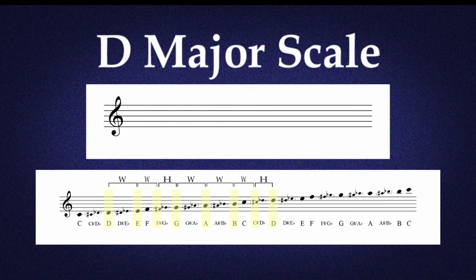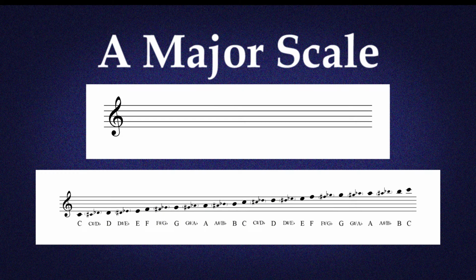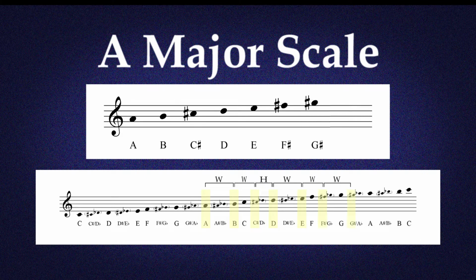So the notes for the D major scale are D, E, F sharp, G, A, B, C sharp, and D. Next would be A, and the notes would be A, B, C sharp, D, E, F sharp, G sharp, and A. And once again we had to add one more sharp, this time on G.